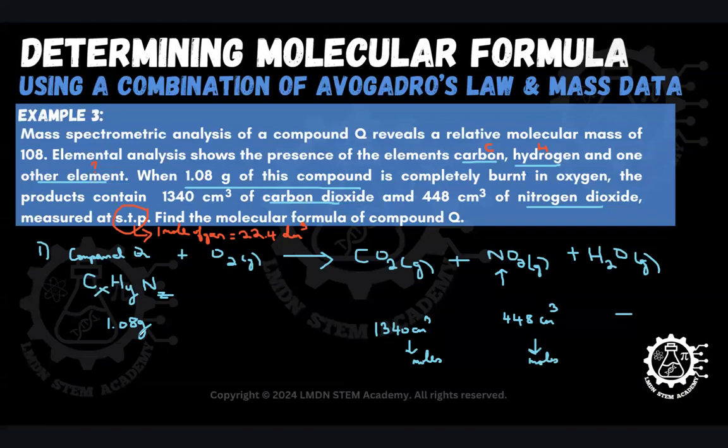And as it relates to the mass of compound Q that they gave us, we can directly convert that to moles as well. How do we go from mass to moles? We divide the given mass by the molar mass. So we divide that given mass of 1.08 by 108 grams per mole, which they told us is the relative molecular mass.